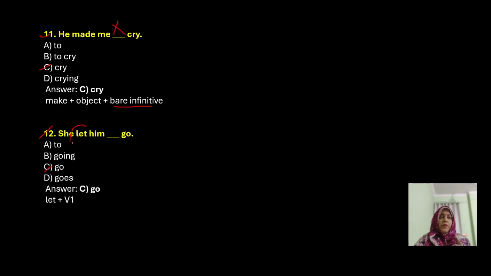I have already told you that where let comes, you have to use let plus the base form of the verb. So, she let him go is the right answer. You don't have to use to here. You have to remove to. Fine. Please remember all the rules which I have told you before. Note them also and revise them again.